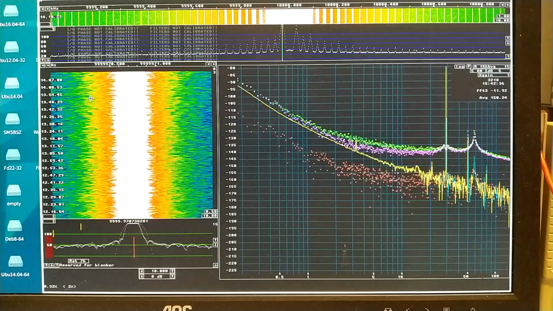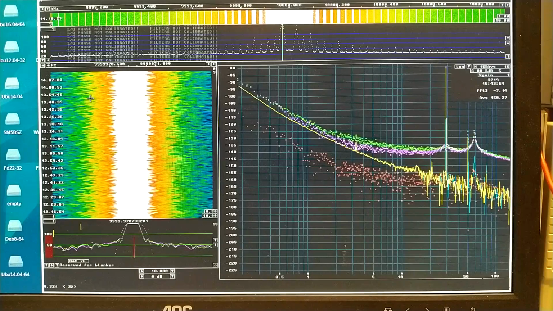The fact that the oscillators were unlocked for a short time does not affect the phase noise measurement, because the time shift is extremely small, or zero. It's just a phase shift for a while. So I can use this information to see what is the performance of the oscillator today.